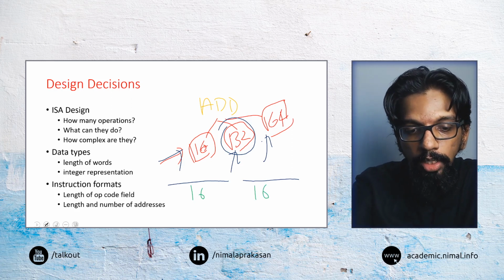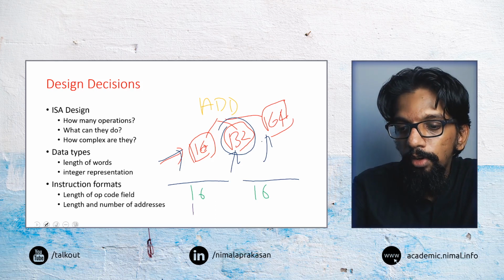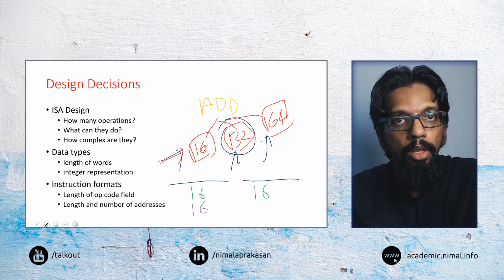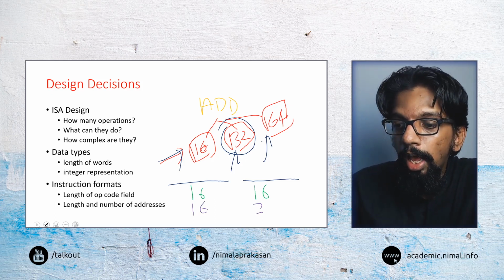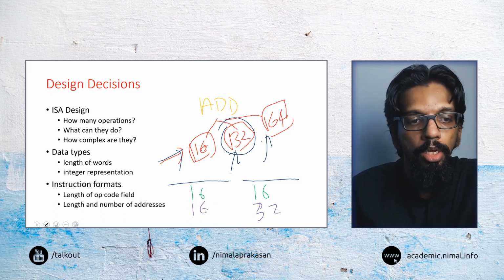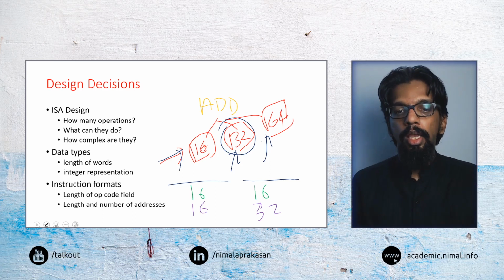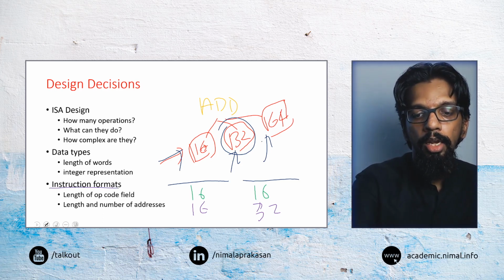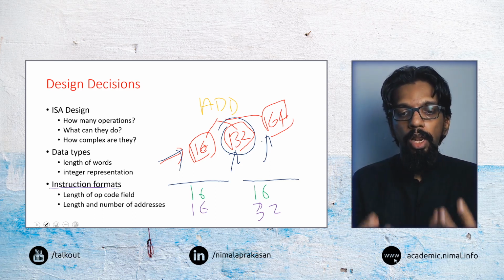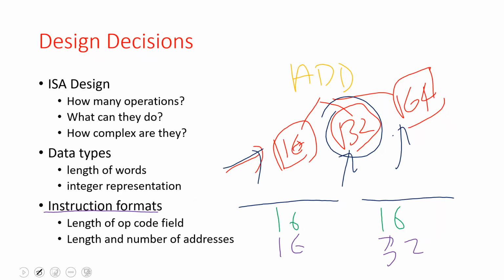Or alternatively, we can give 16 bits for the opcode and 32 bits for the operands. So we can design different instructions differently, and based on that we will have to decide what instruction formats we are going to support, and what data types we are going to support as well.